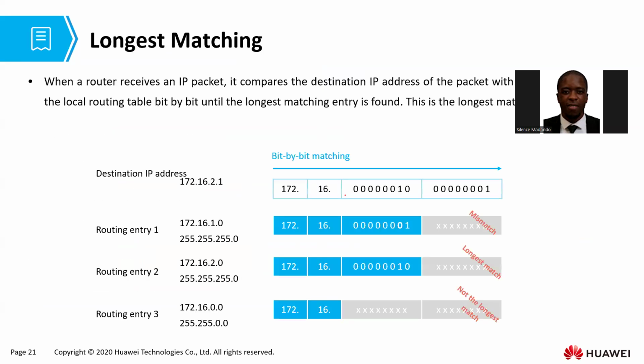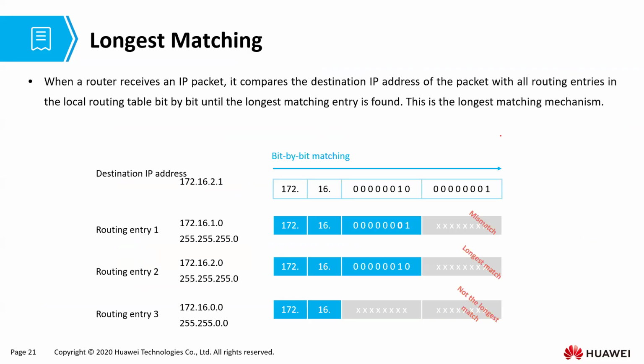Okay, continuing, we are now looking at what we call longest matching. Basically, longest matching is used to compare destination networks, therefore deciding where to forward my packets if we have multiple routes that could apply to our destination network.